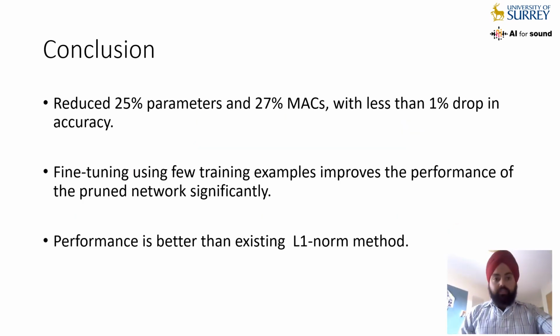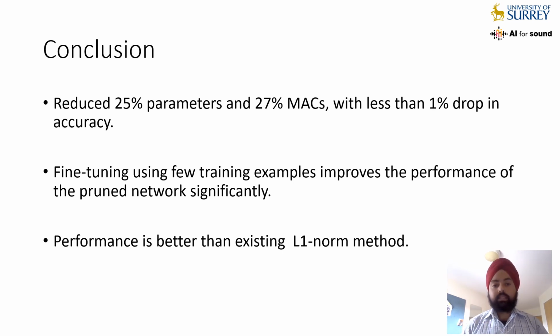So in conclusion, we find that the proposed filter pruning framework, which is passive and doesn't use any dataset, reduces 25% of the parameters and 27% of the multiply-accumulate operations at a drop of less than 1% accuracy when the pruned network is fine-tuned for 30 epochs only.